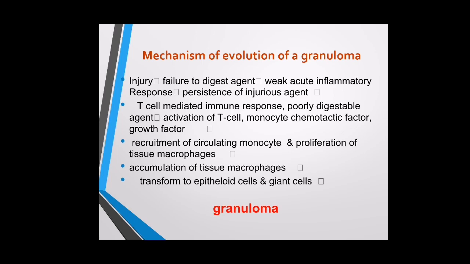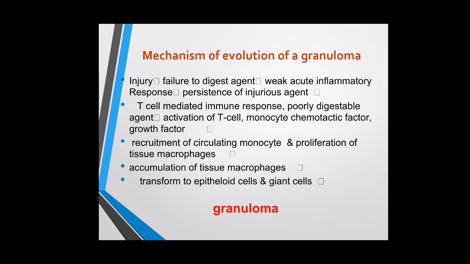Mechanism of evolution of the granuloma. How does a granuloma form? Because of injury, there is failure of digestion of the agent. Due to this, a weak acute inflammatory response occurs. And due to the persistence of the injurious agent, a T cell mediated immune response occurs and the poorly digestible agent persists.